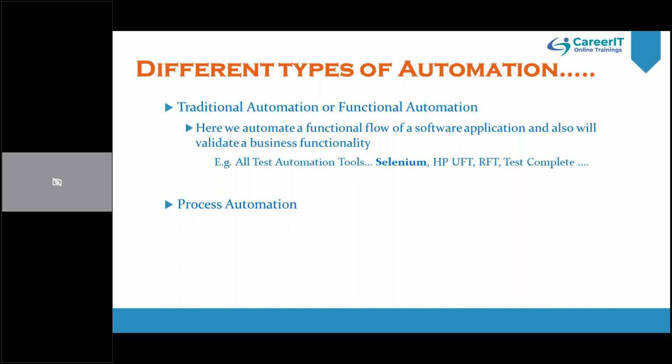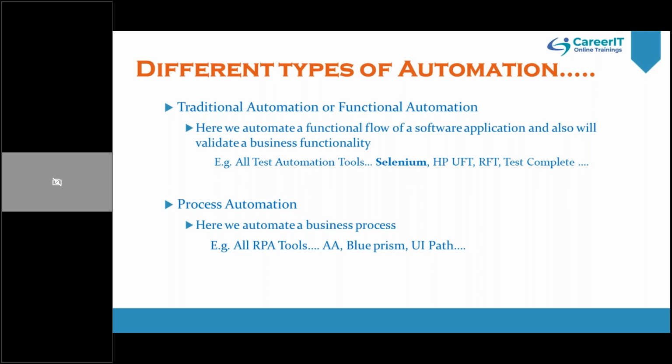Now the other type of automation we have is process automation. Here we are going to automate the entire business process. A business process means there will be multiple machines or multiple applications involved in one business process.